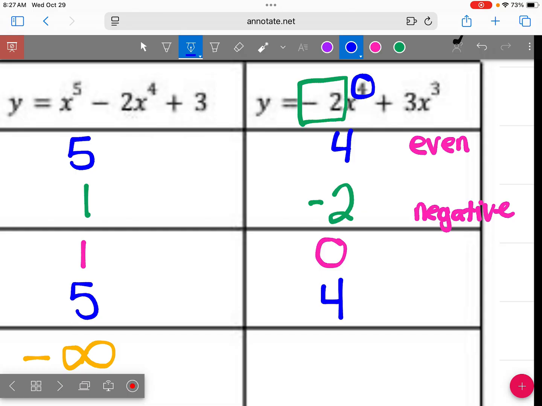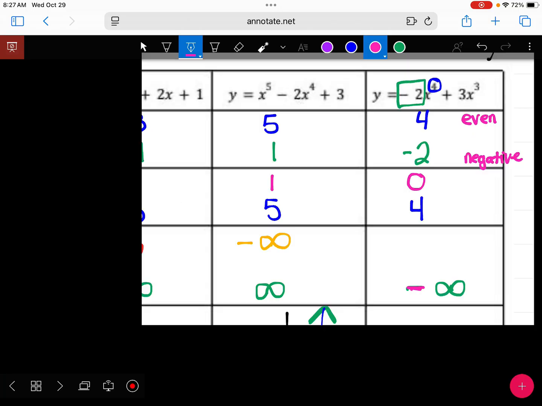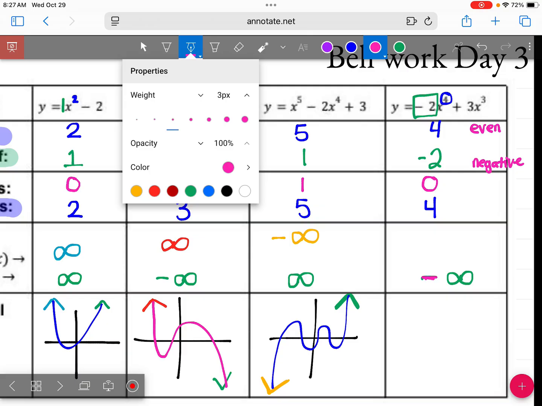Looking at our end behavior here. Which way is my right arrow going to go? Down. Right arrow always matches that leading coefficient, so it's going to go down to our negative infinity. That negative is what we care about right there. So my right arrow is going to point down. Which way is my left arrow going to point?